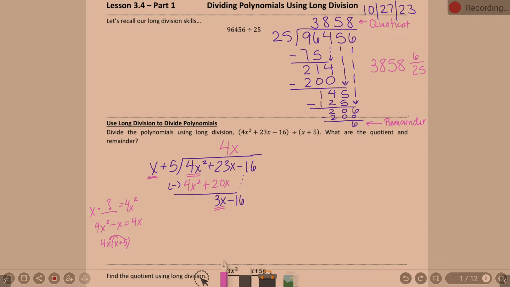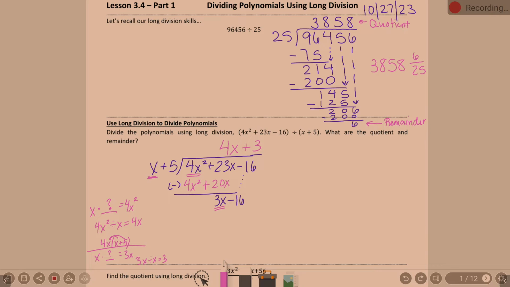Or better put, x times what is 3x? When you turn it into division, 3x divided by x is 3. So I'm going to put this 3. You either have to put plus or minus 3. Since it's positive 3, I'm going to put plus 3.